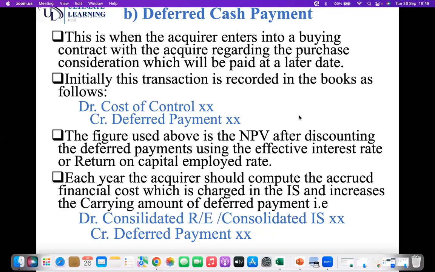So when I'm showing my liability either as current or non-current, if there is accrued finance cost, this accrued finance cost increases the amount of the liability.